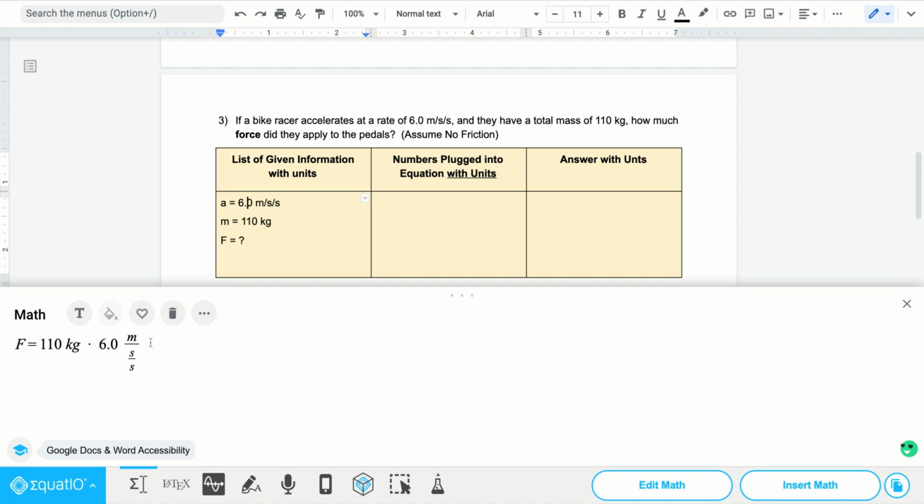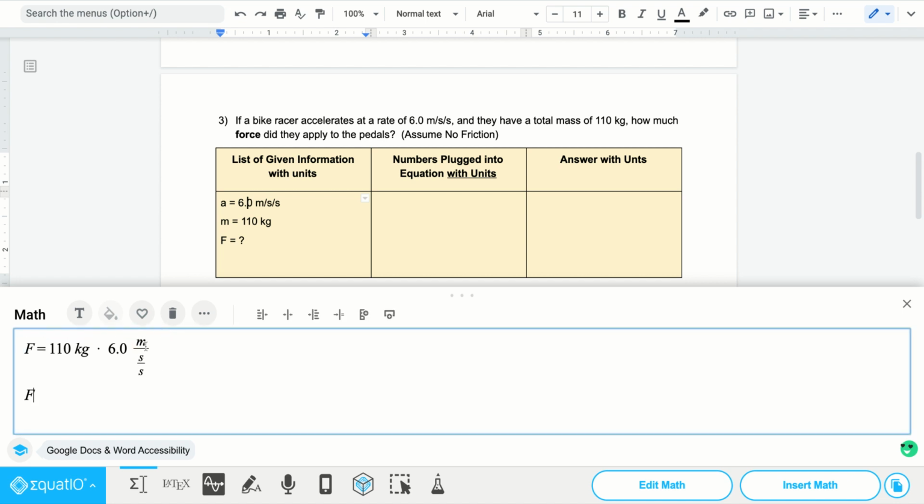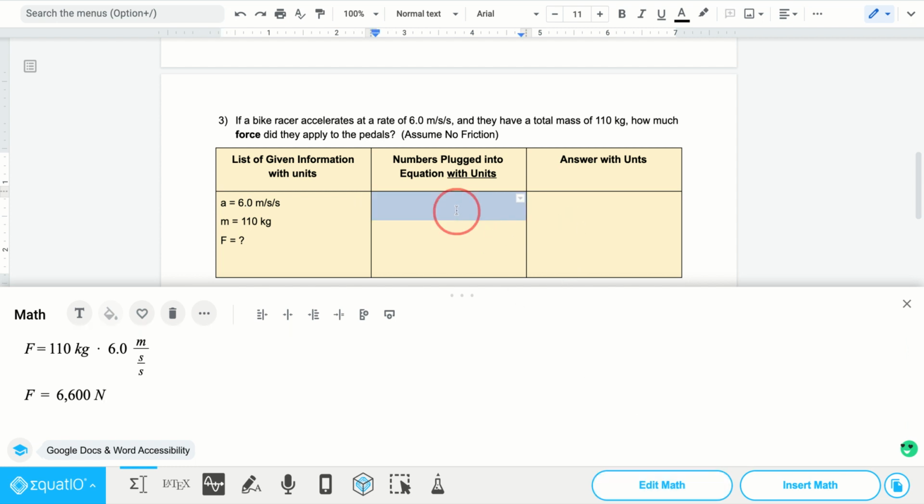And then we just have to multiply them together. F equals 110 times 60, 6,600 newtons. And that is our answer.